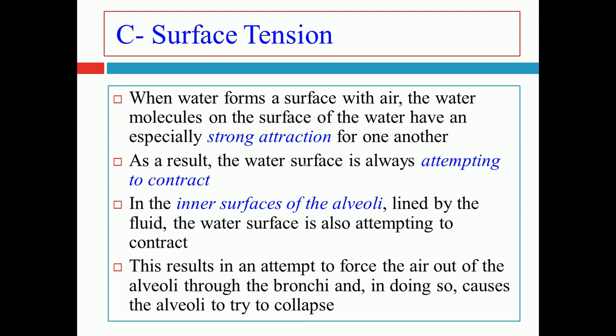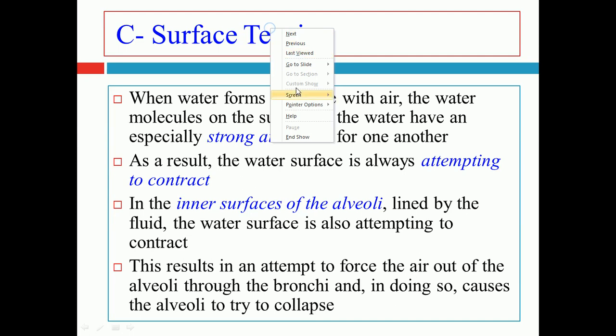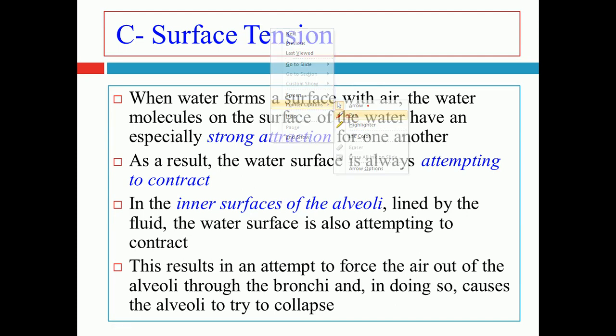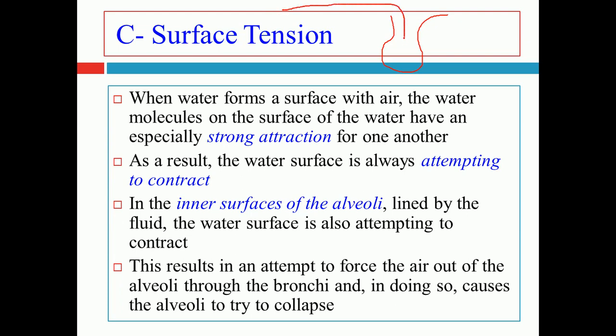So what if you don't remove that water? For example, this is an alveoli. Here is the air that is coming inside the alveoli. Consider that it is dry air. But once inside the respiratory system, your respiratory system adds moisture to it.